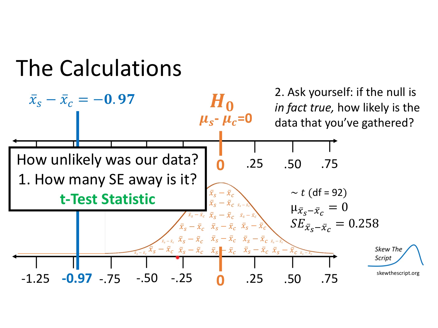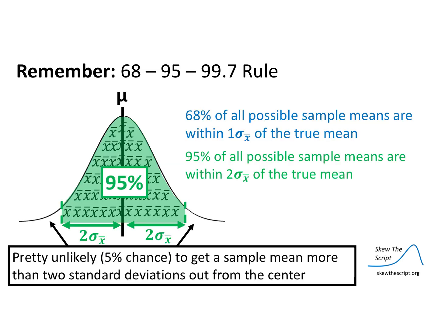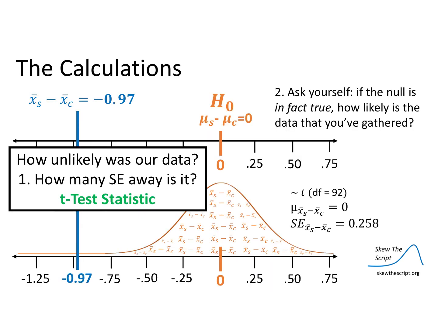Within two standard errors of the center we should gather approximately 95% of our data, so beyond two standard errors it's pretty unlikely. We get a 5% chance to get a sample mean more than 2 standard deviations out from the center. But we were 0.97 away from the center to the left. That's what that negative indicates. So if we divide that by the length of one standard error, we get negative 3.76.